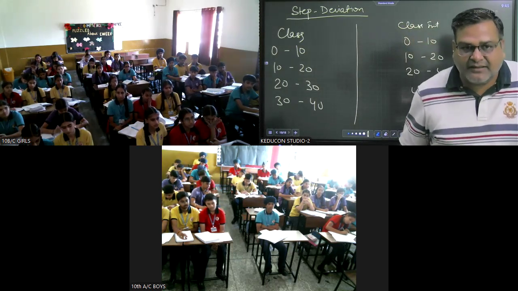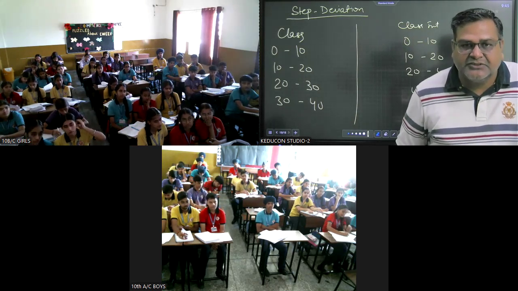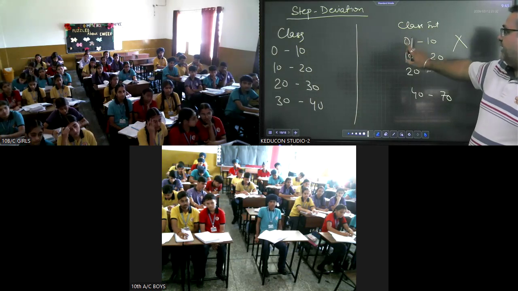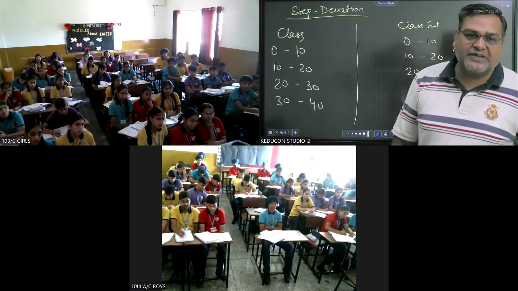Is this clear, students? So always look at this point: the interval should be uniform. Generally it is uniform in most of the cases, but still you have to look into this.